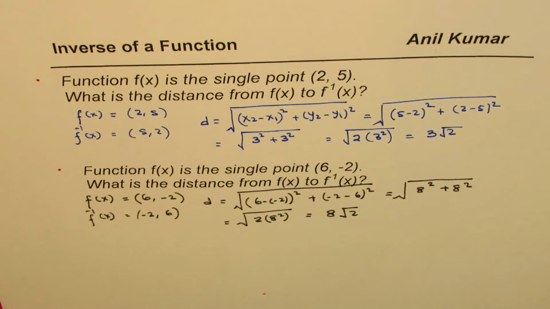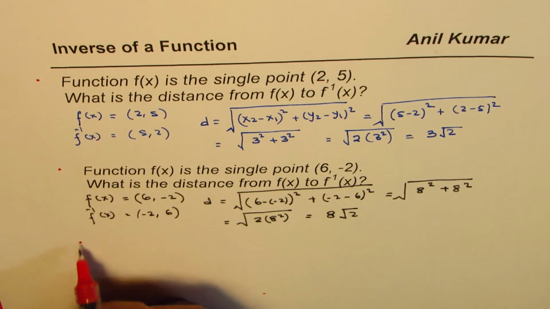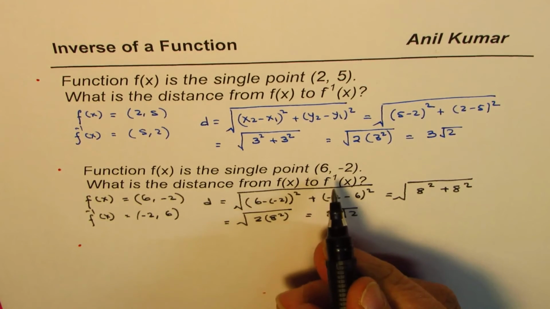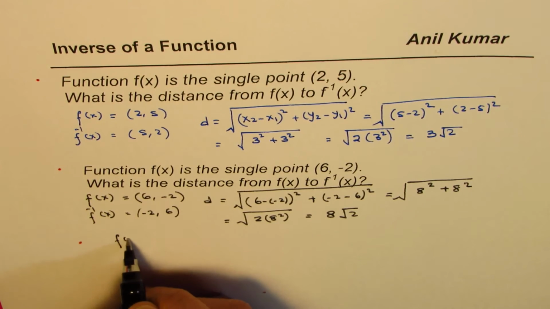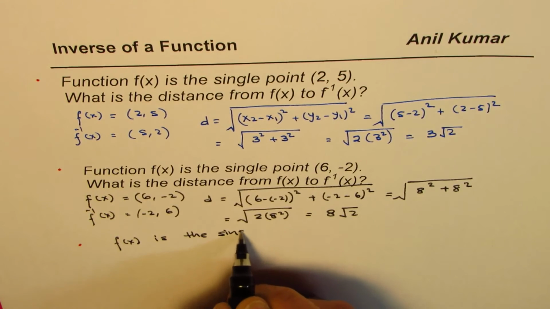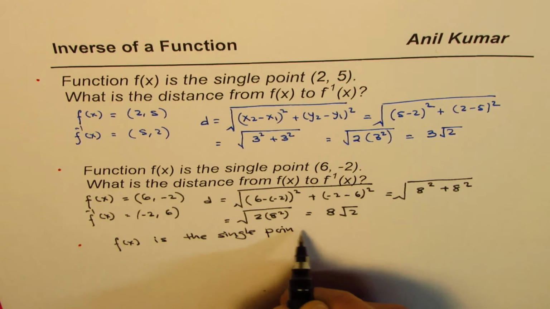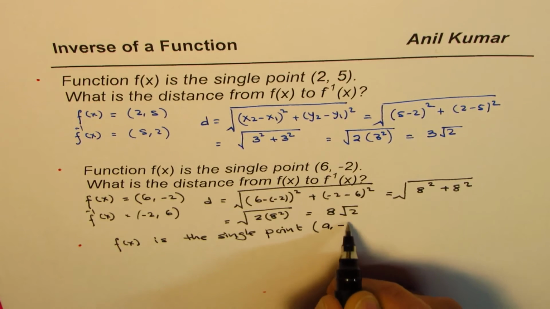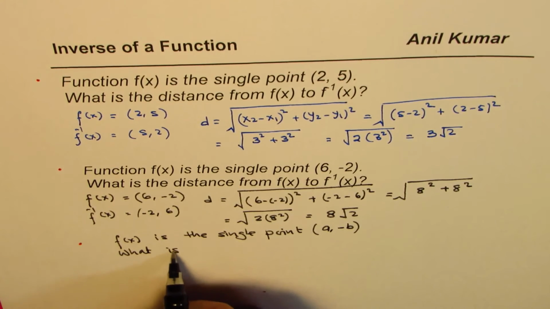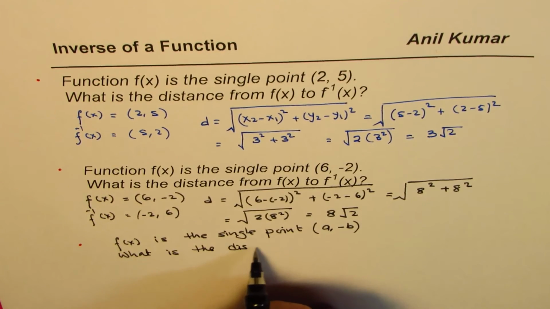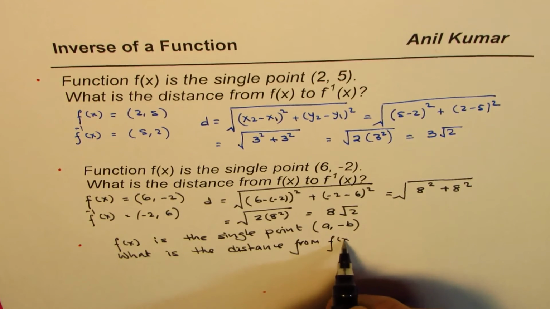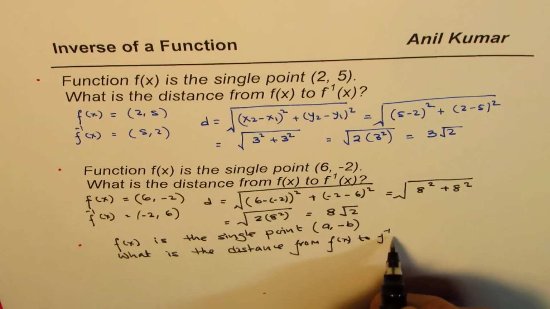Now looking into these two questions, can you find the solution for a general one-point function? Now let's say f of x is the single point (a, -b), right? So I'm writing (a, -b). What is the distance from this to f inverse x?